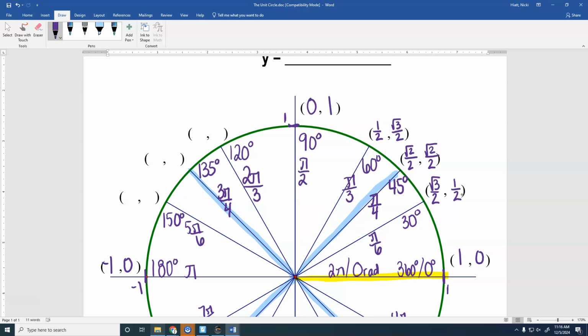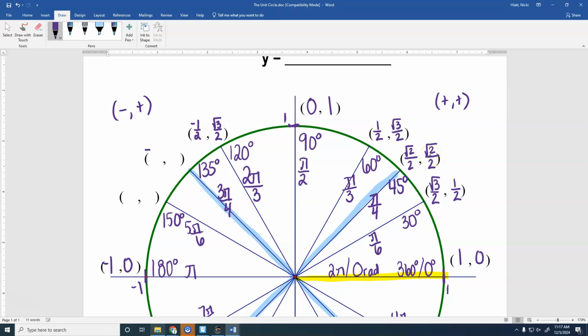Now, in this quadrant, both coordinates are positive. In the second quadrant, your x is negative, your y is positive. These coordinates are the same over here, just their sign changes. So this one would be -1/2, square root of 3 over 2. This one matches up with the second one here.